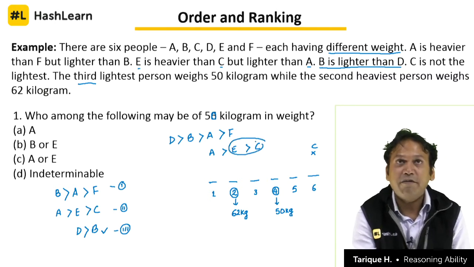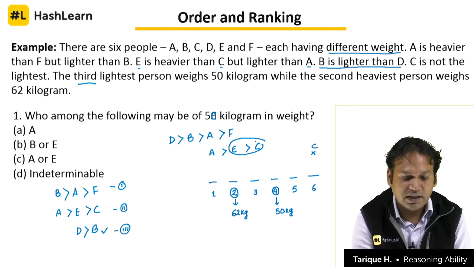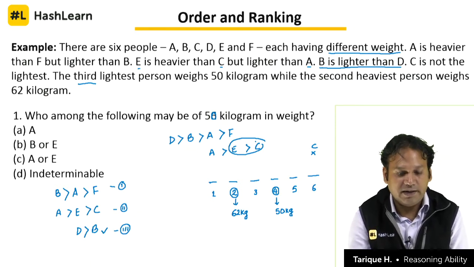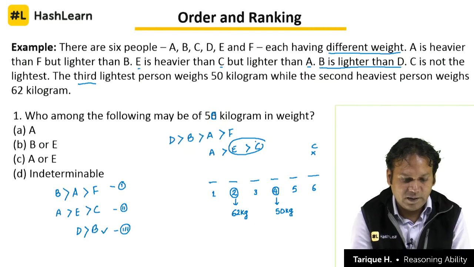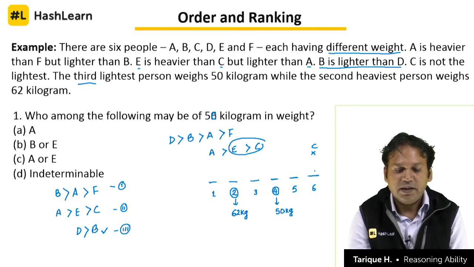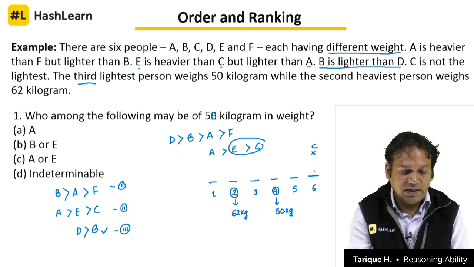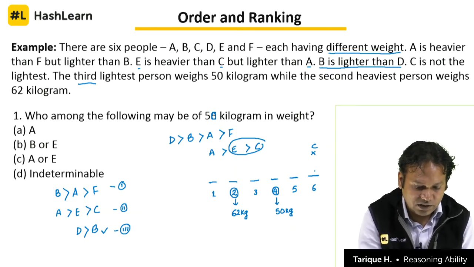Will they come below F or above F, or will F be between E and C? We do not have this understanding. First thing is very clear that E, F and C are going to be in the last three positions and D, B, A in the first three positions.